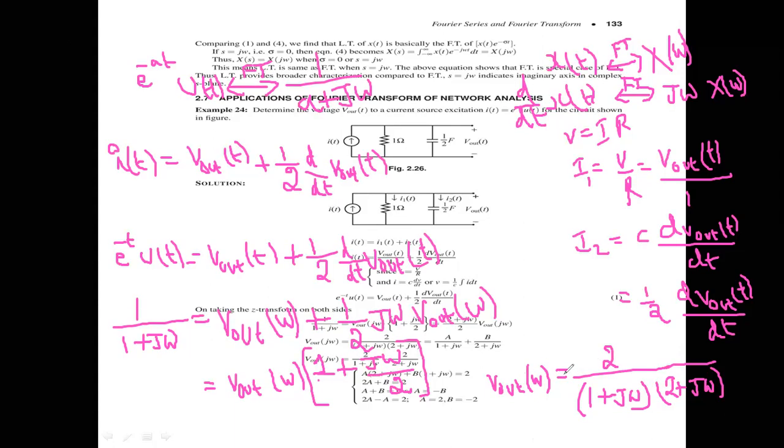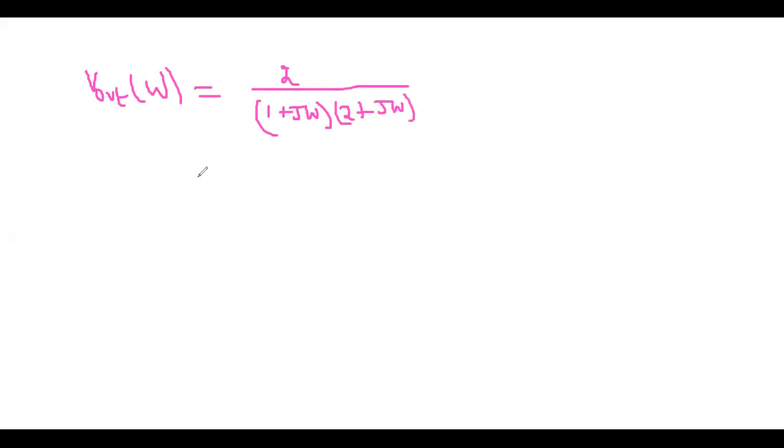We got V out of omega is equal to 2 by 1 plus j omega and 2 plus j omega. This is the equation we got, my dear students.